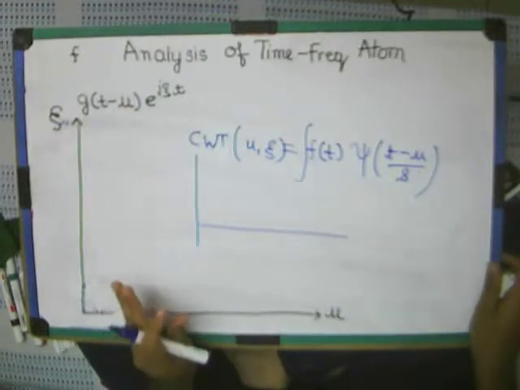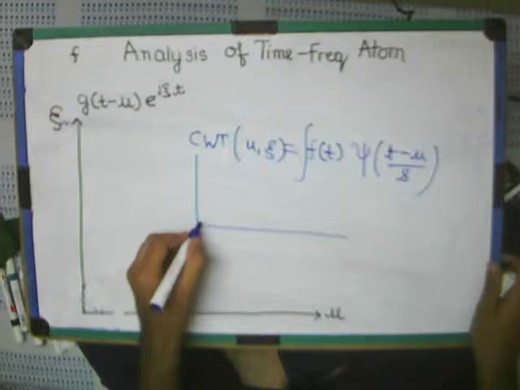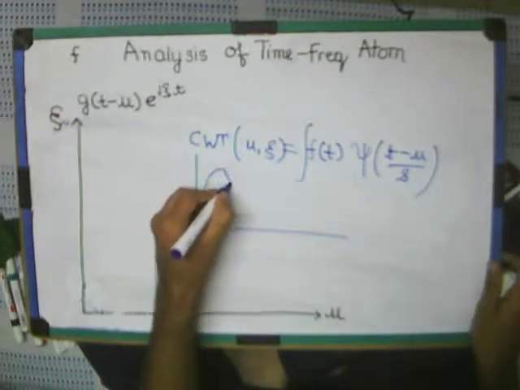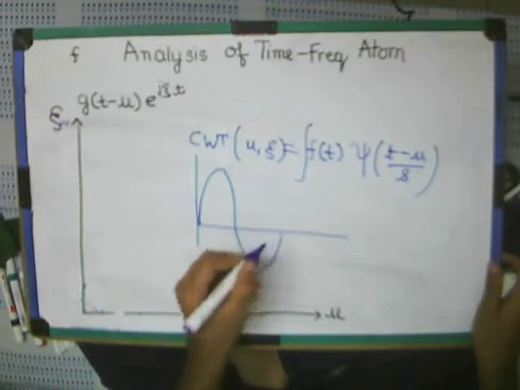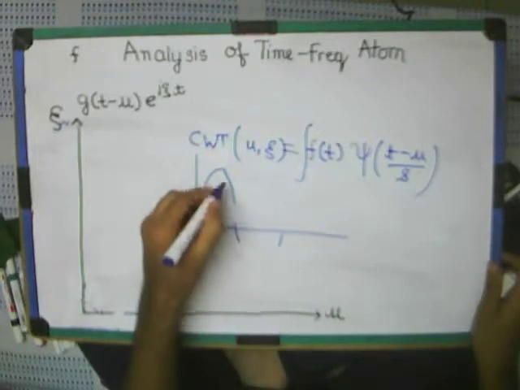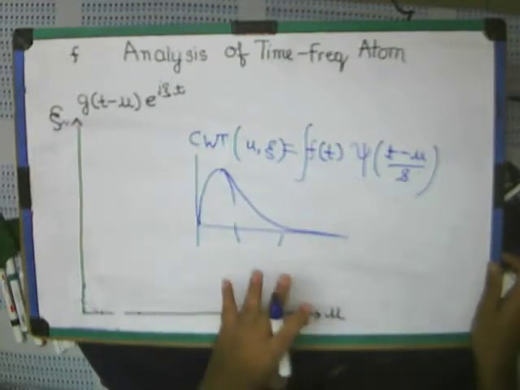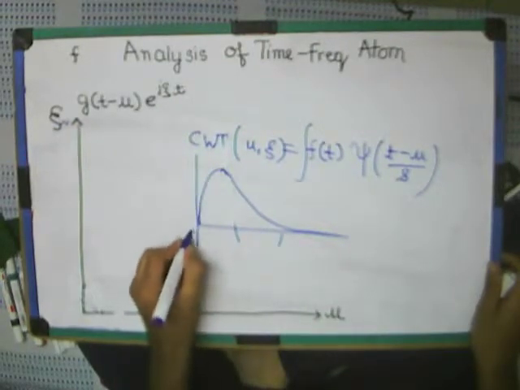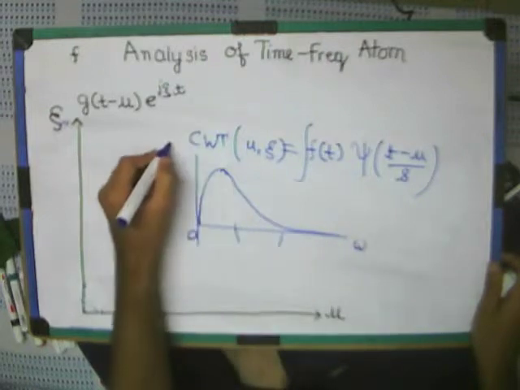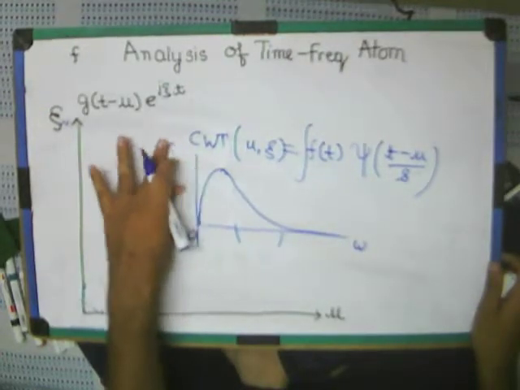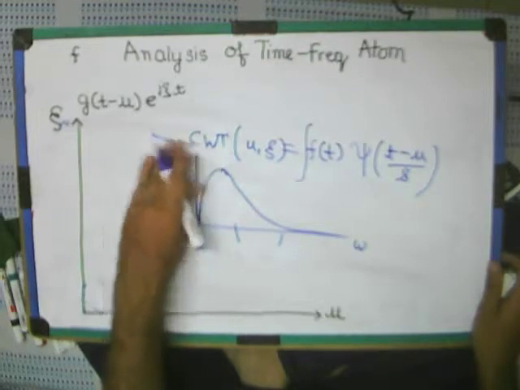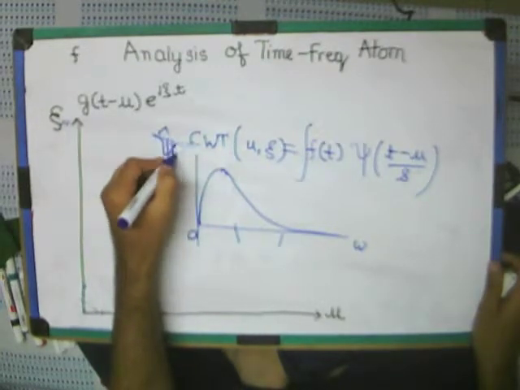One important property in the continuous wavelet transform is that it will never be 0 at omega, that is, g of omega, or psi cap of omega.